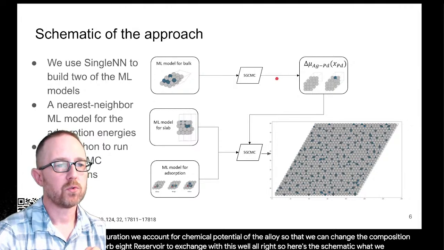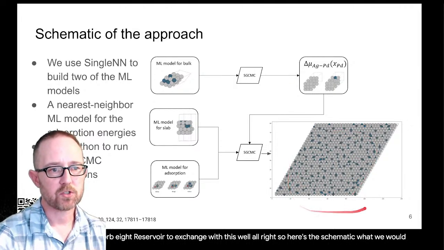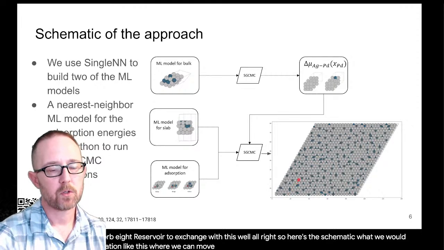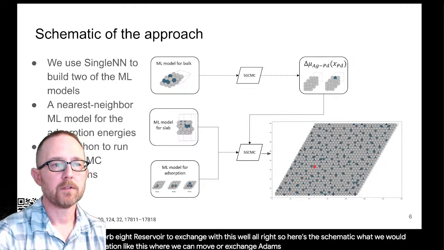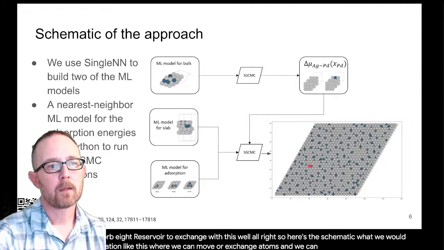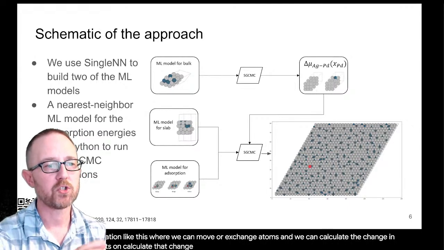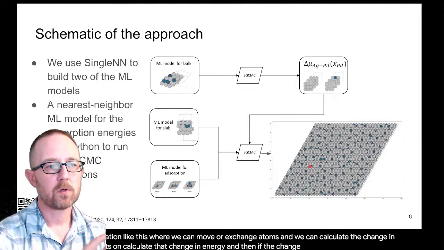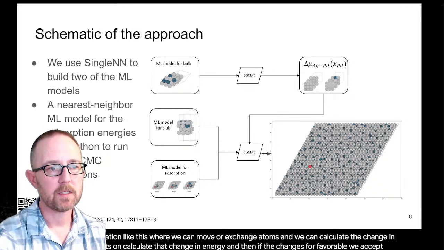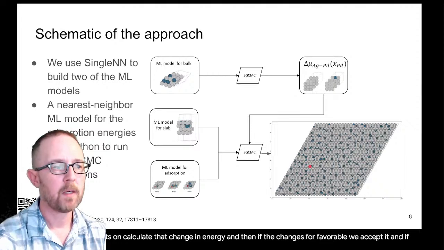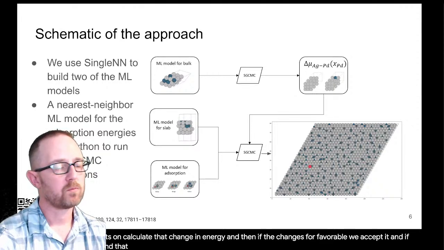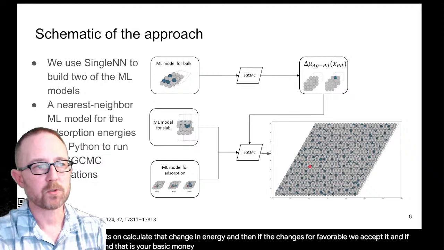What we would like to do is a big simulation like this where we can move or exchange atoms, and we can calculate the change in energy. We can put adsorbates on, calculate that change in energy, and then if the change is favorable, we accept it, and if it's not, then we reject it. And that is your basic Monte Carlo algorithm.